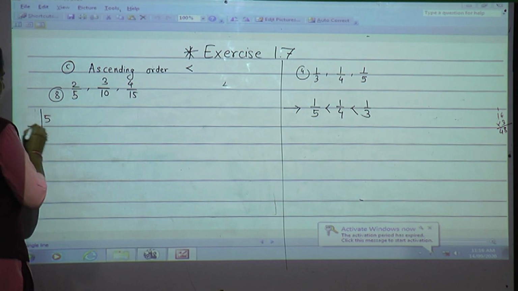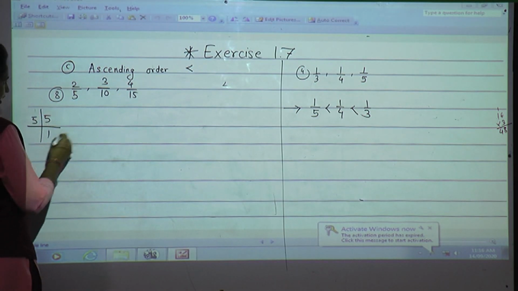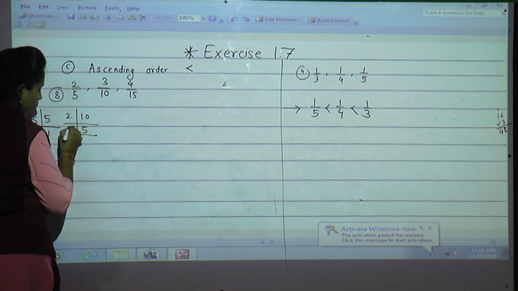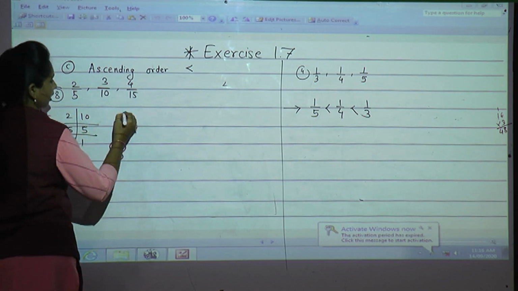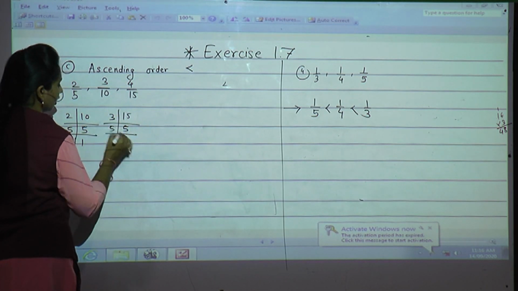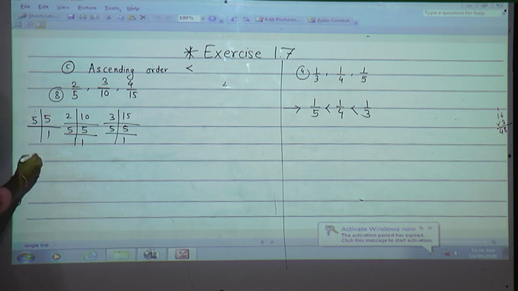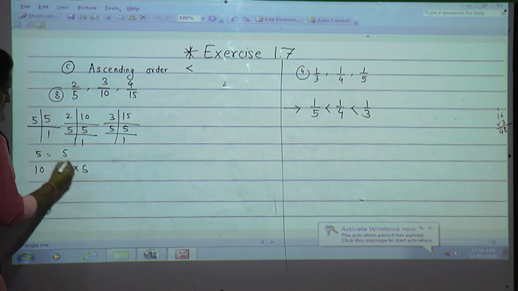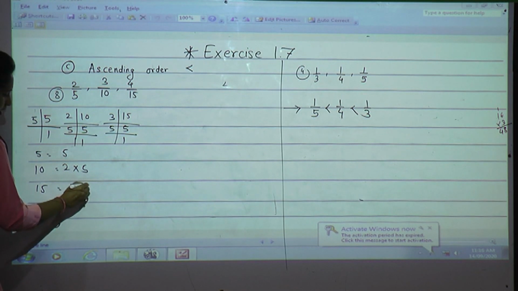Now we will find out: first, 5 ones are 5, next 10, 2 5s are 10, 5 ones are 5, next 15, 3 5s are 15 and 5 ones are 5, isn't it? Now what are the multiples of 5? Only 5. The multiples of 10 is 2 multiplied by 5 and the multiples of 15 is 3 multiplied by 5.